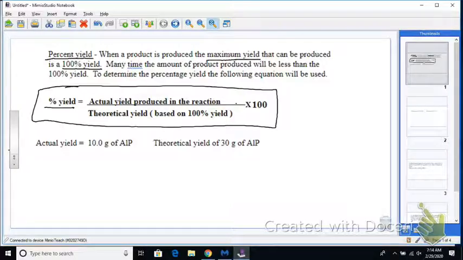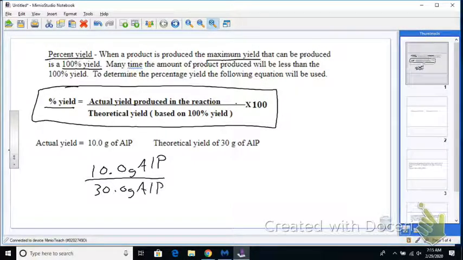It says your actual yield is 10 grams of ALP, and your theoretical yield is 30 grams of ALP. Like a test, if you're given both of those, it's really easy. You do those all the time when you get them back, to see your percentage. That would be a 33% yield.